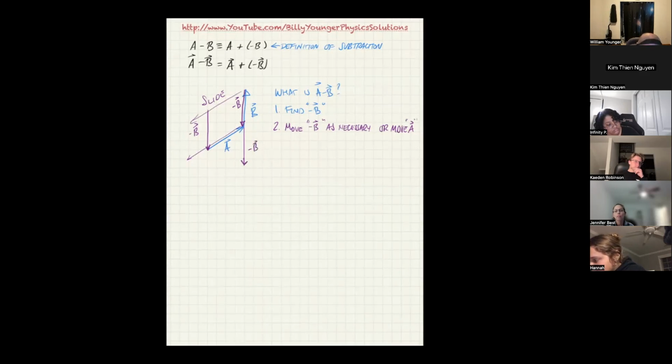So what you get then, remember when vectors are head to tail, you draw from the tail of one to the head of the last. So what I would draw is, let's use the color black. No, let's use green. So a minus b is this vector.